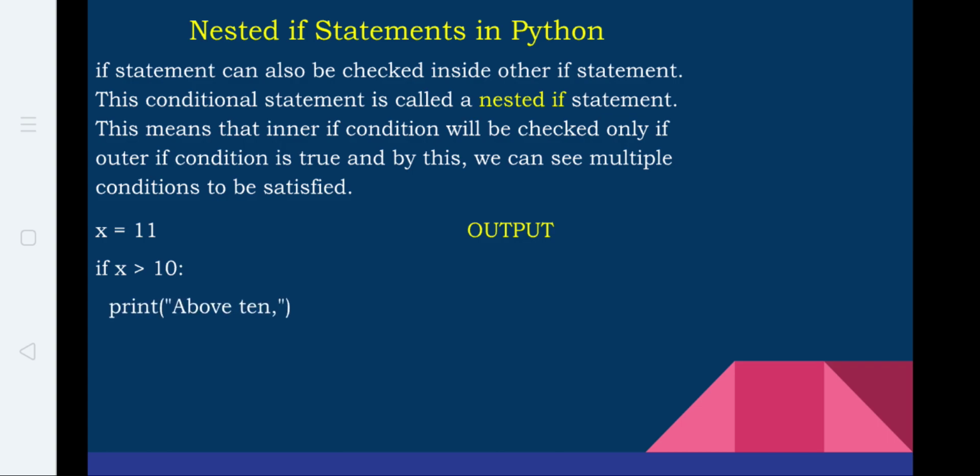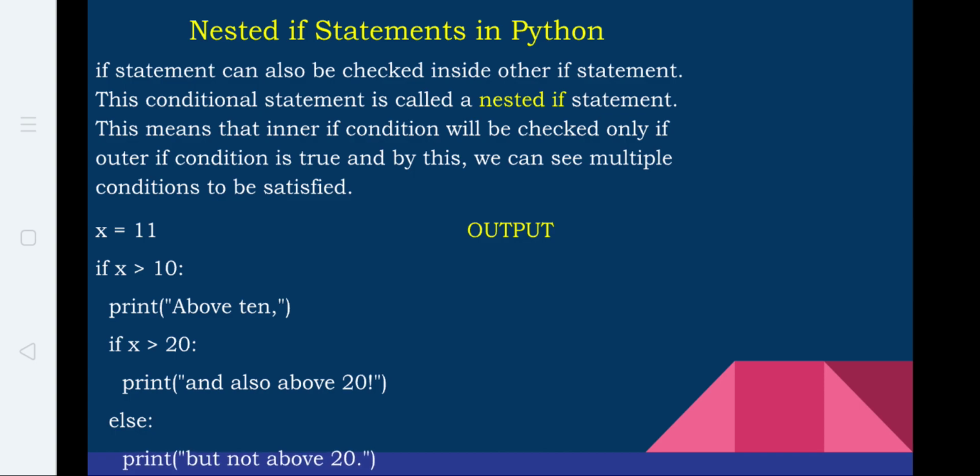If x greater than 10, print above 10. Then nested if, that means this if comes in the inner block of the first if. If x greater than 20, print above 20. Else, print but not above 20.